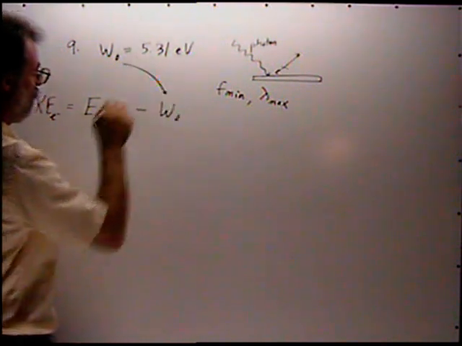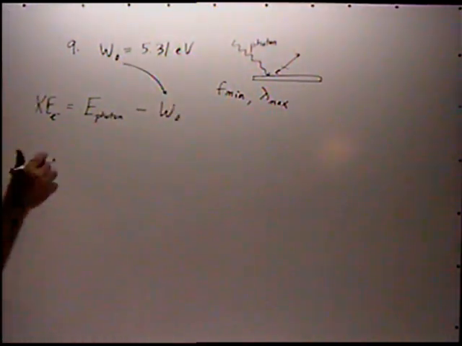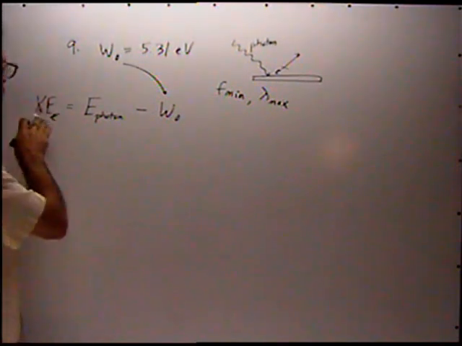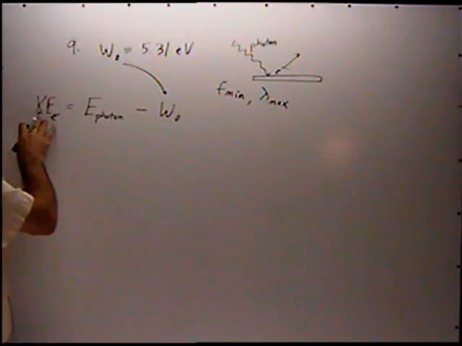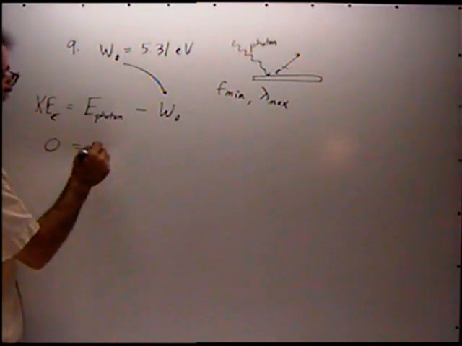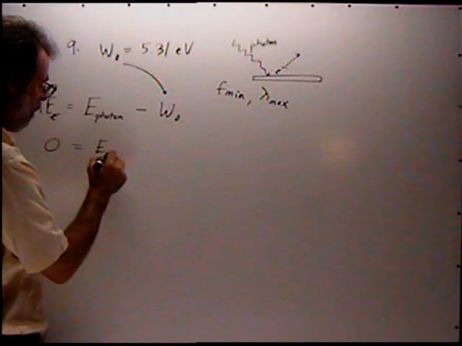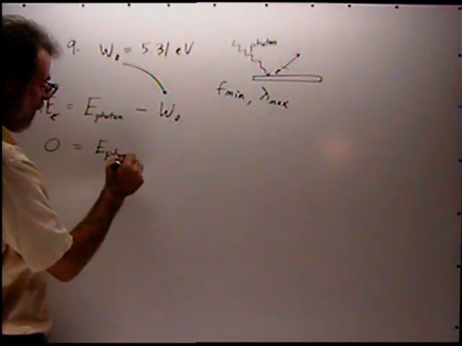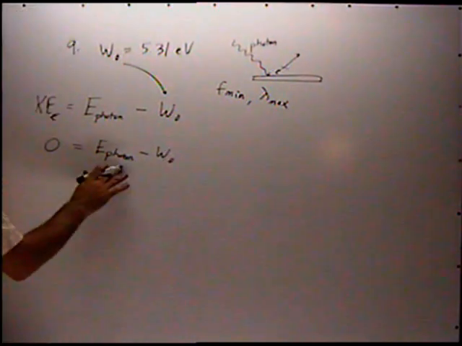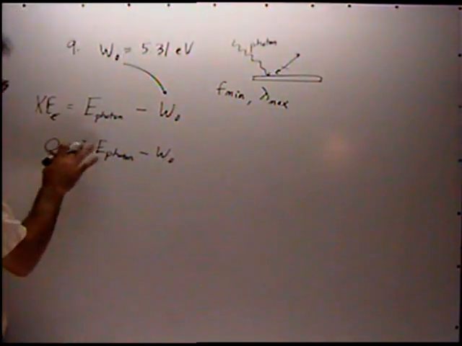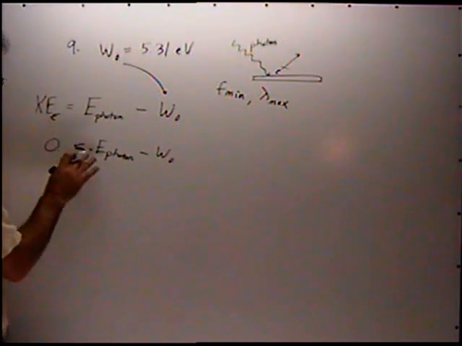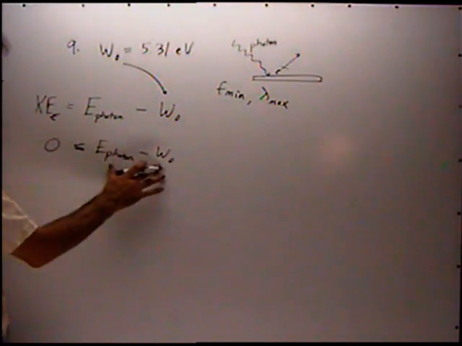So if there's just a little bit of kinetic energy being given off, or essentially if this is just about 0, then the energy of the photon minus the work function is essentially 0, or said another way, this has to be equal to or just greater than 0.